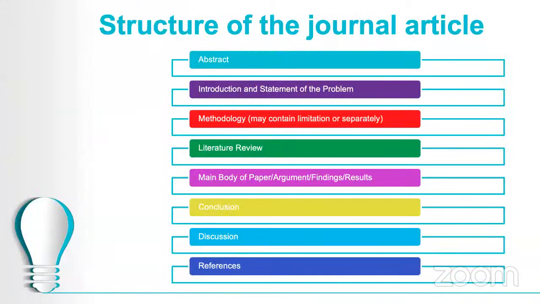So basically, what will the structure of the journal article be? As I said, abstract. Abstract can be of two types.